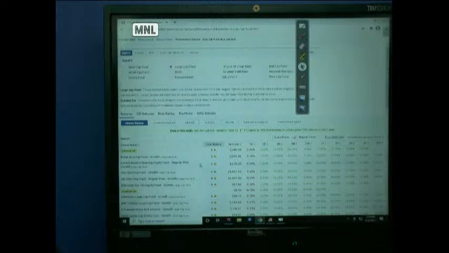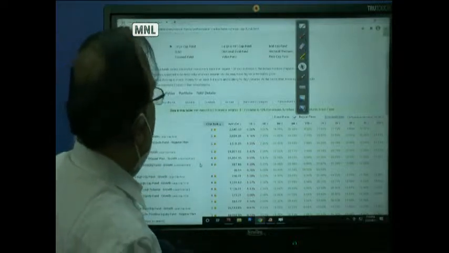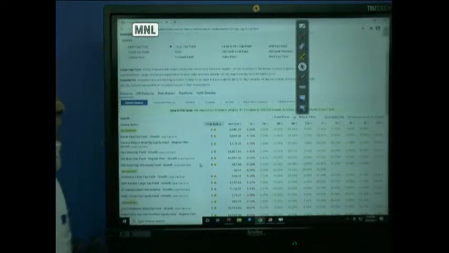So if you look at the returns, for example, Kotak Blue Chip. Now in this, let us say rank within category. So we will first look at which are doing well.